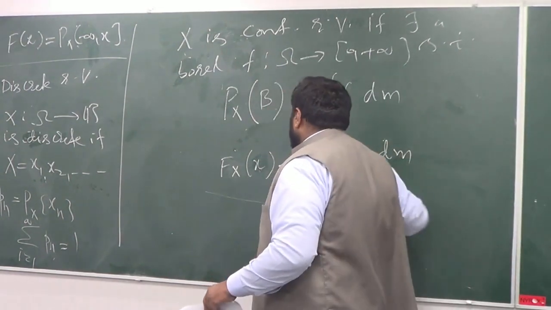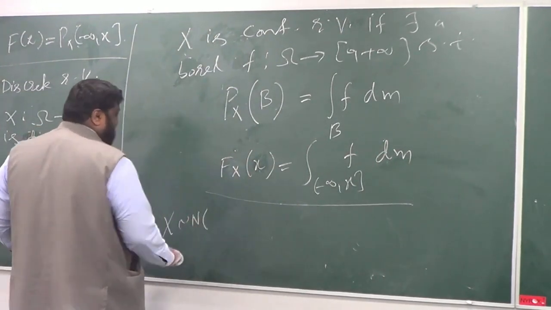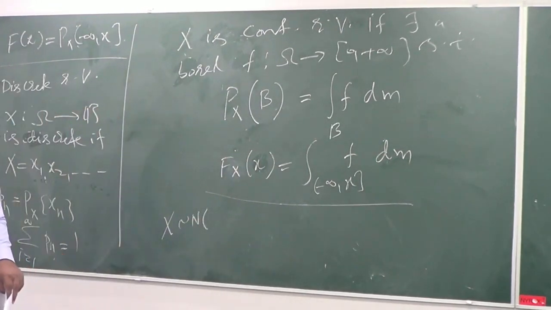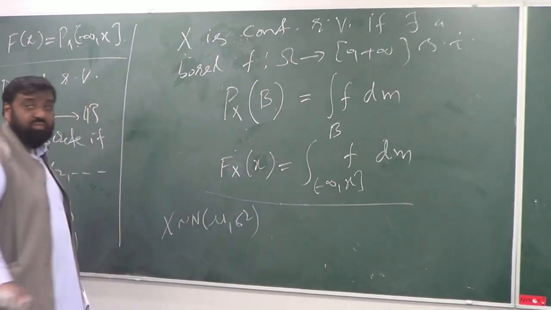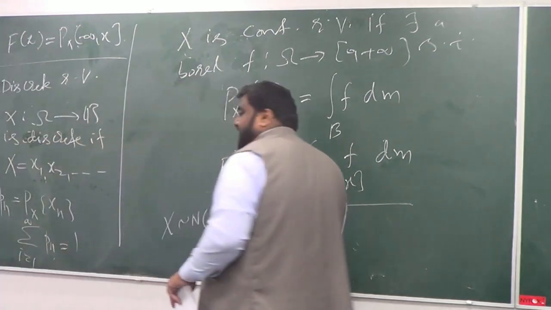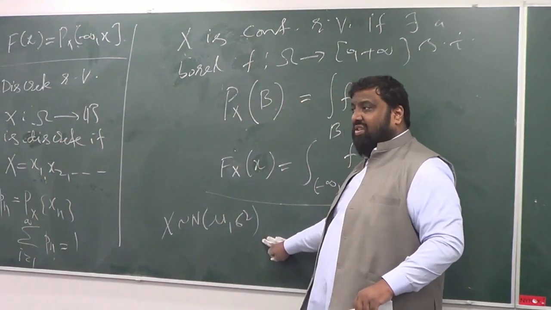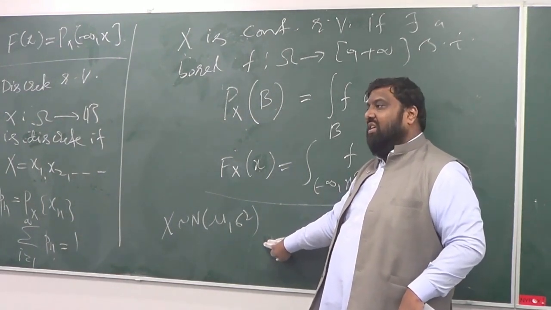Now, I know that if x is a normally distributed random variable, this is what we know from our previous knowledge, then I can find a function which can give us the chances.